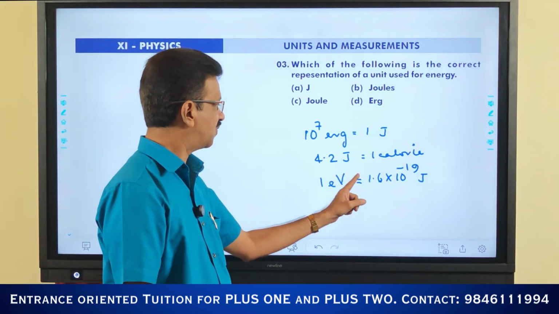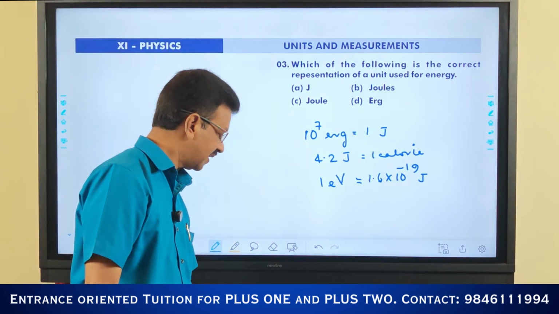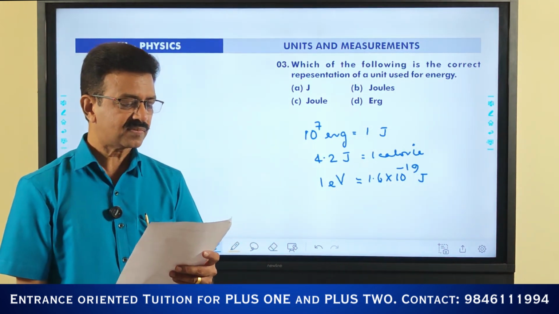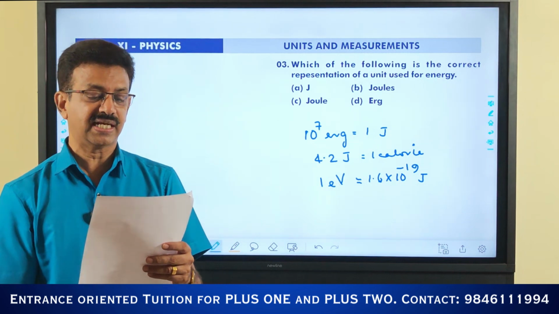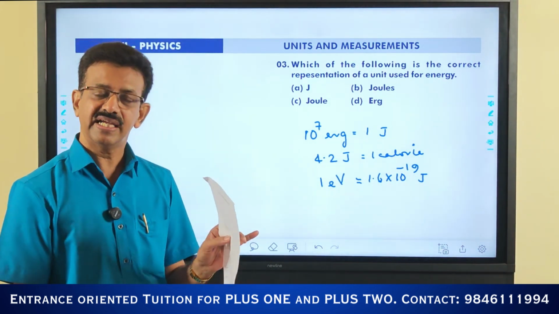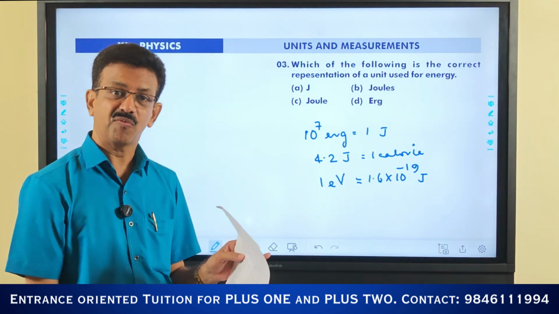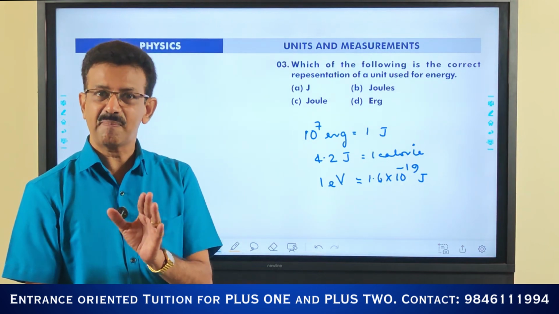Its value is 1.6 into 10 raised to minus 19 joule. Here, the question is, which of the following is the correct representation of a unit used for energy? Here the answer is joule, but we can represent joule or any unit in different patterns.